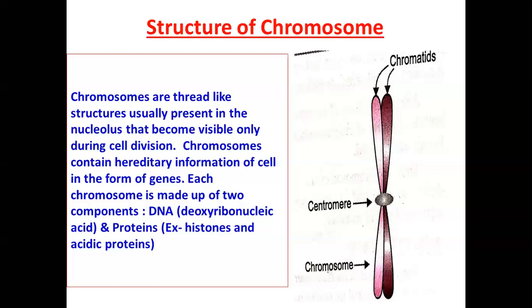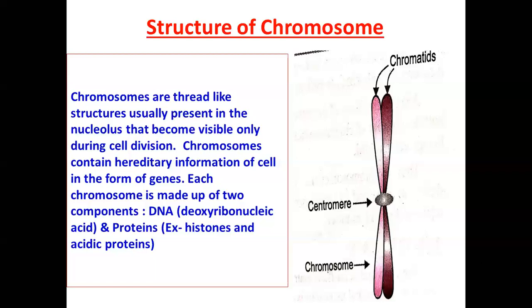Clear? Histone is a kind of protein. Most chromosomes consist of two arms that extend out from a special region of DNA called the centromere. Clear? This is the centromere of the chromosome. Now, the centromere or primary constriction gives a particular shape to the chromosome due to its position.